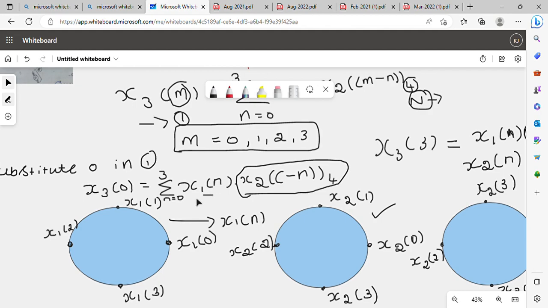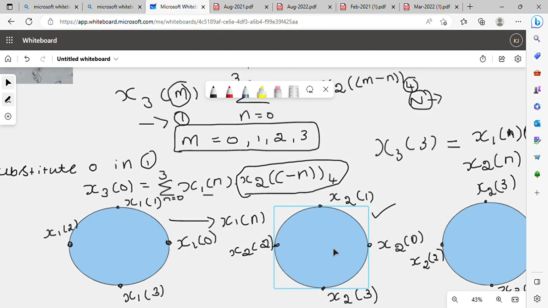So now what happened for my x1 of n? I have to put it in the anti-clockwise direction. That is, you are going to plot the sequence x1 of n across this particular circle in the anti-clockwise direction. And now what are we supposed to do? You are going to plot x2 of n across the circle in the anti-clockwise direction.